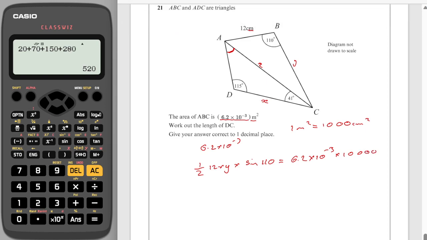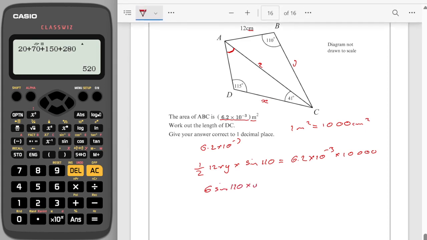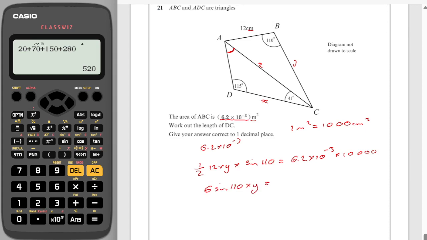Right, let's tidy that up a little bit. I'm just going to write it slightly differently. I'm going to say that 6 sine 110 times y is going to be equal to 6.2 times 10 to the minus 3 times 10,000, which is going to be 62.